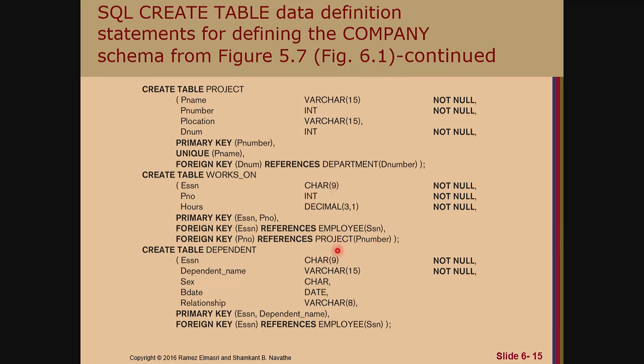And what is the difference between char and varchar? Var is from variable. When you store data in char 9, that means you use 9 characters, even though your data is just 4, the other 5 characters are already used.